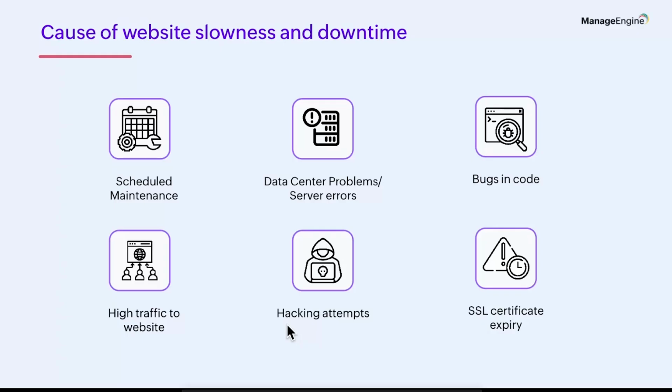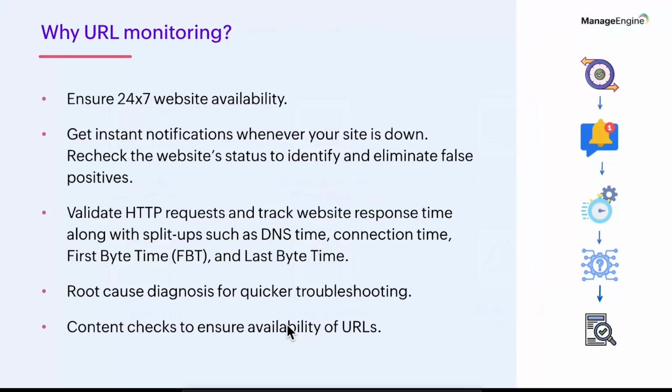So to prevent problems like this, we have the URL monitoring feature in Applications Manager. So why URL monitoring? First of all, it helps you ensure the primary objective of keeping your website available 24/7. It acts as a continuous URL monitoring service and keeps a constant watch over your specific URL or web page. Then it helps you get instant alerts or notifications whenever your site is down.